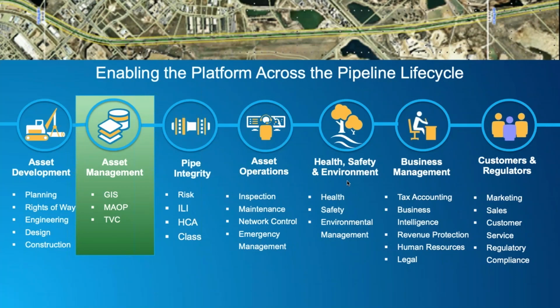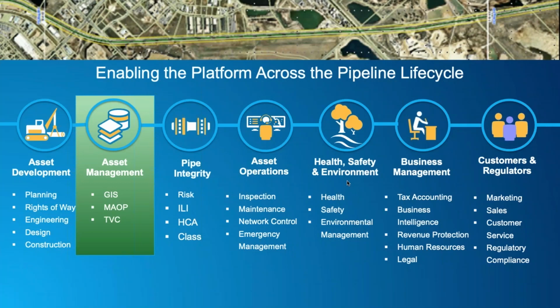But we now see this as the organization responsible for the single version of the truth about where assets are in the field and all the information about those. We still see the largest consumer of that data being the pipeline integrity group. They often need all that information for risk calculations, HCA class, and running integrity programs as well.